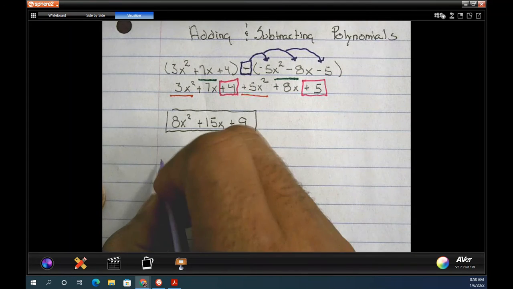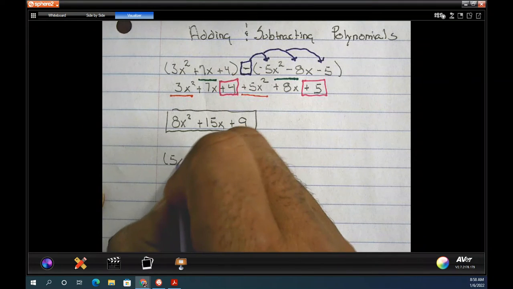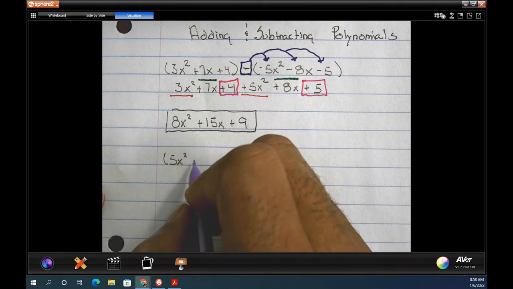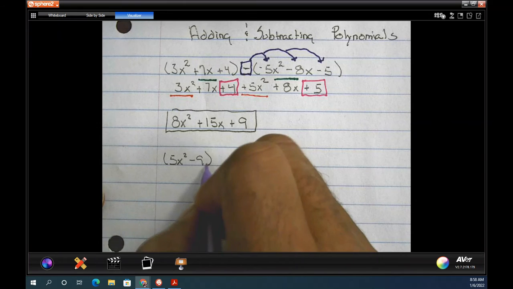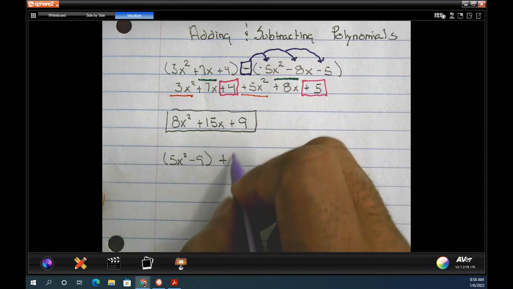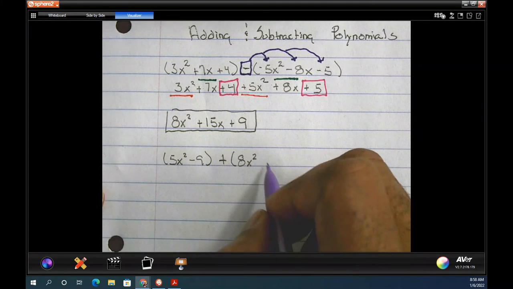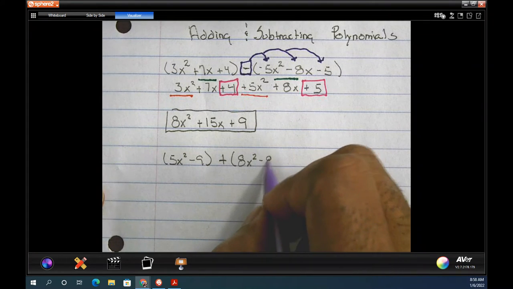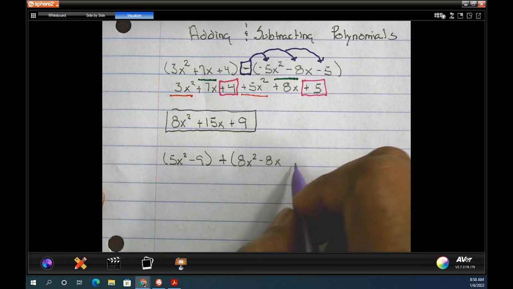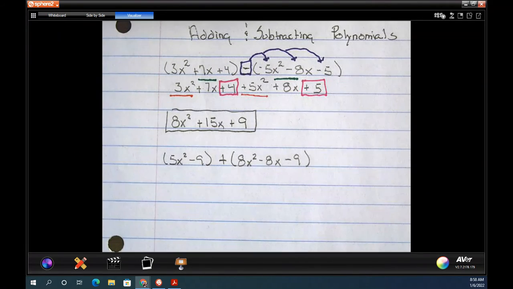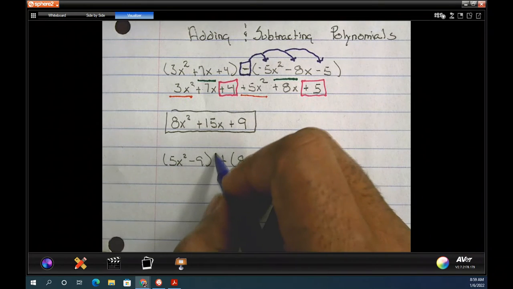Let's say you have (5x squared minus 9) plus (8x squared minus 8x minus 9). Okay, in this scenario, we are adding.